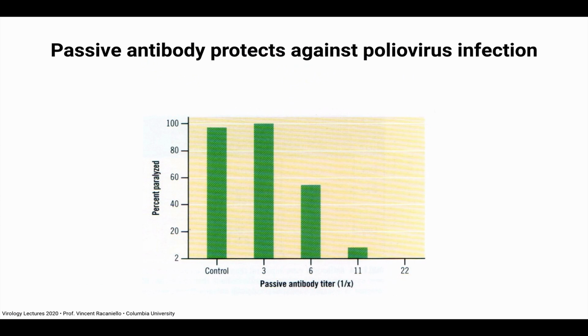Here's an experiment that shows that if you give antibodies to an experimental animal, you can protect against infection. This is an experiment where animals have been infected with poliovirus, and we're looking at percent paralyzed here. The control animals, which didn't receive any antibodies, 100% are paralyzed.